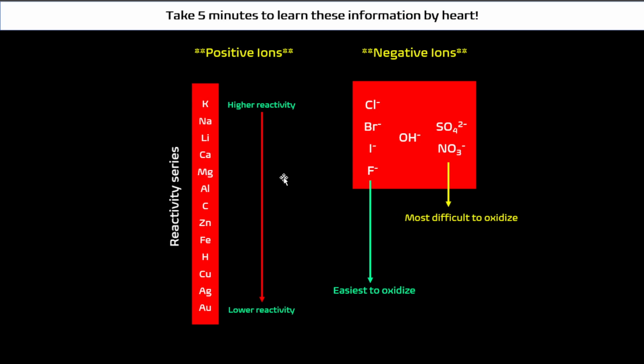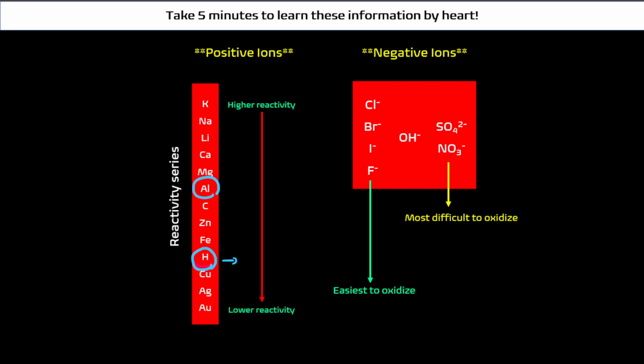Now, pause this video and take 5 minutes to learn this information by heart. Again, as I mentioned before in previous videos as well, you should definitely remember the reactivity series by heart. If we are comparing, let's say, hydrogen and aluminium, hydrogen will be discharged at the cathode because it is less reactive.